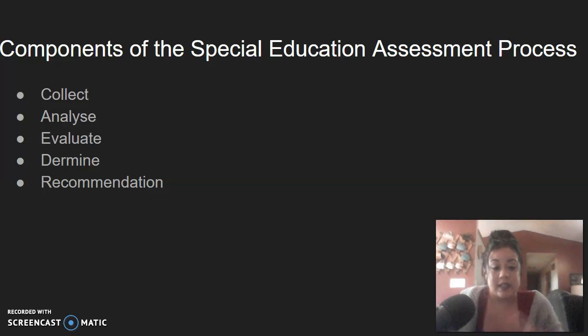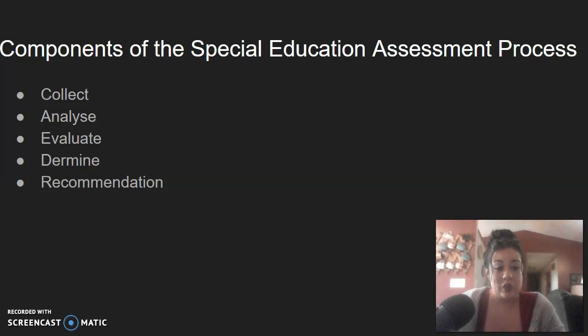Collecting is where we're collecting data and gathering all these things with the team. So we have special education teachers, parents are involved in that, teachers like PE teachers, everyone else is gathering all this information. And then we're going to analyze it.